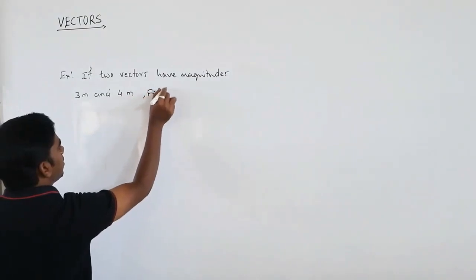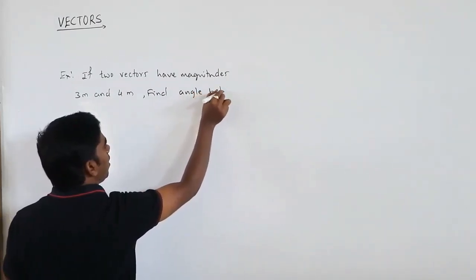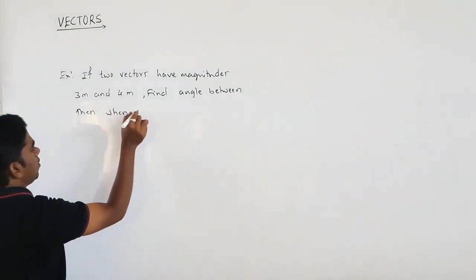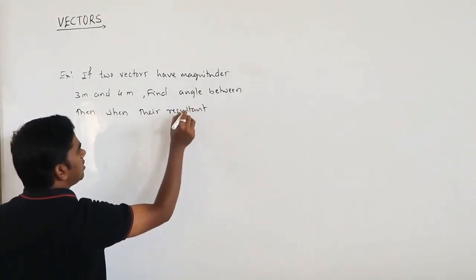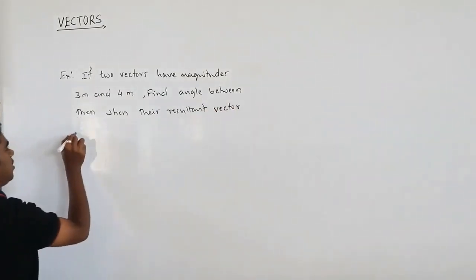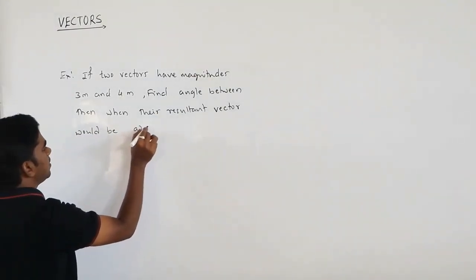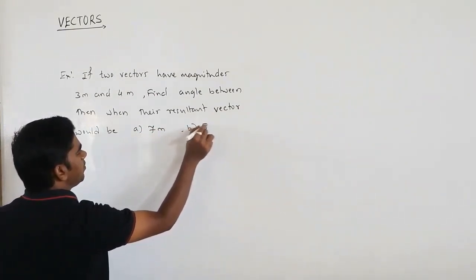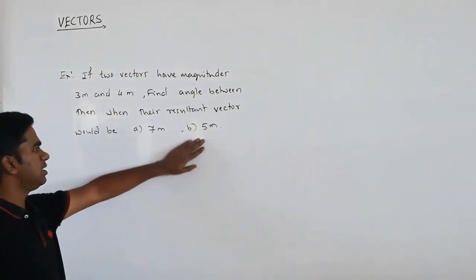So find the angle between them when their resultant vector would be say first one you can take it as some 7 meter, and second you can take it as some 5 meter. Okay.